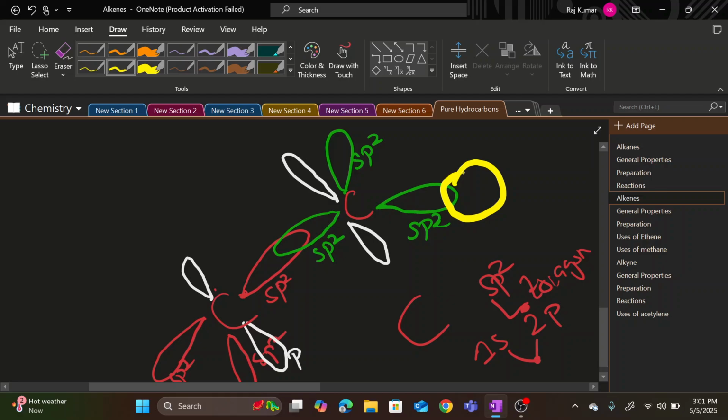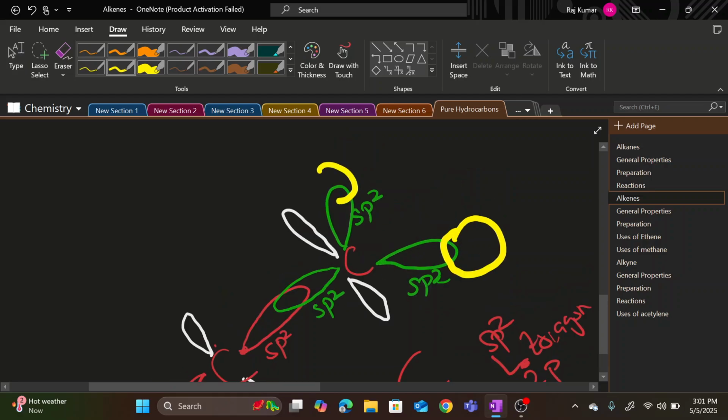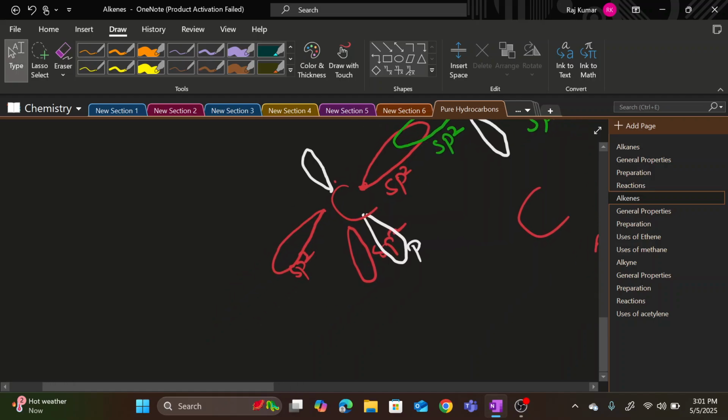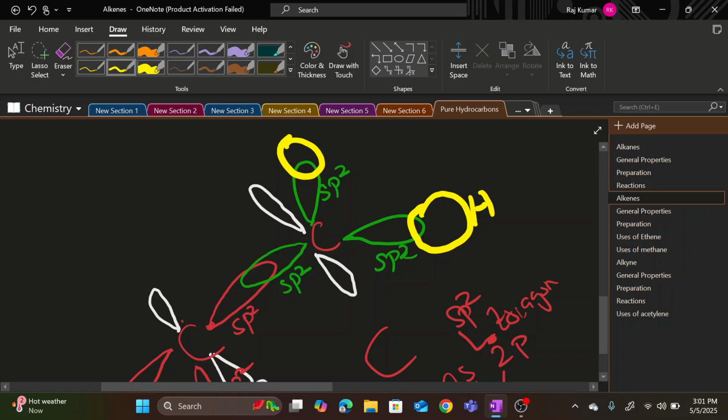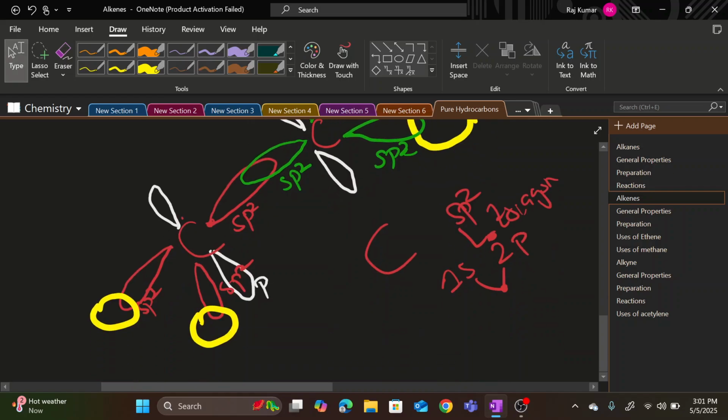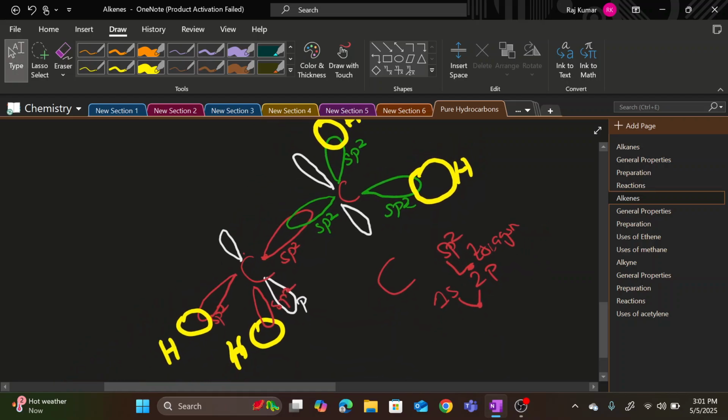This is, let's say, an s orbital. This is an s orbital of hydrogen. All right, the sizes may vary, but that's the s orbital. So basically these are the s orbitals which are joining with hydrogen as well. All right, so this is the entire structure.